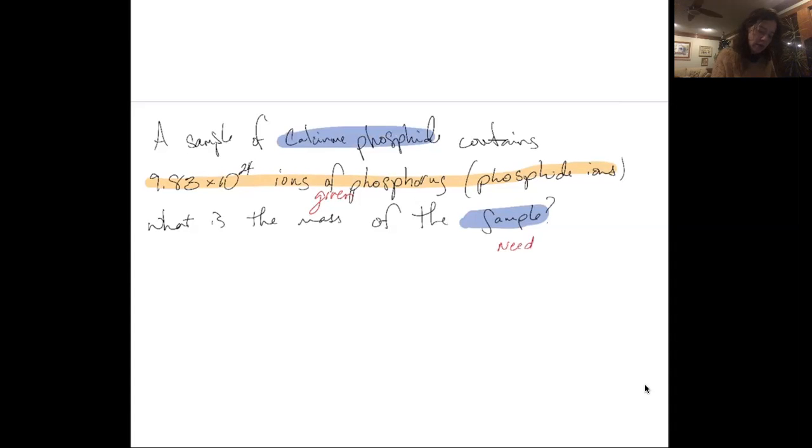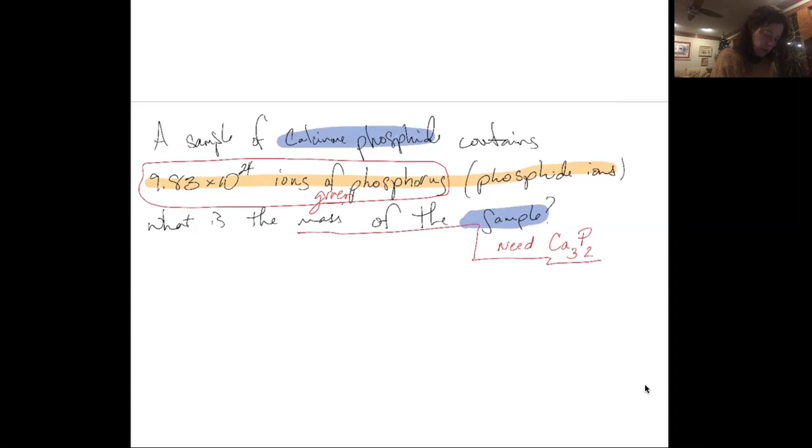And that calcium phosphide is Ca3P2. You know that. If you're watching this, you know that. So we need to go from what we're given. Remember, we always start with what we're given, and we need to end up with the mass of the compound.